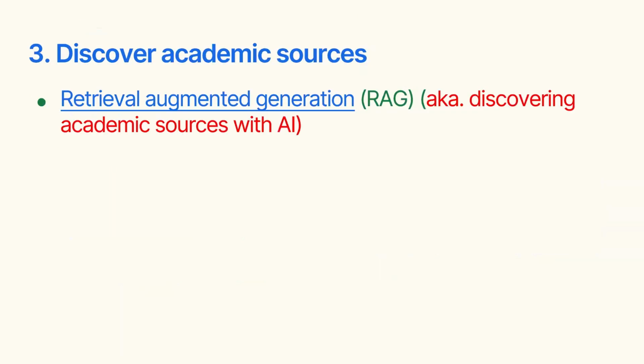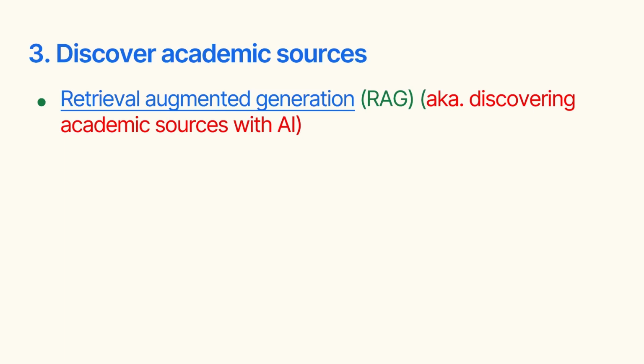Okay, so when you're talking about discovering or searching for academic sources, and Maylin talked about this last week, there's something called retrieval augmented generation. This is slightly different from generative AI, where you're coming up with a prompt and what's coming back is either things like an image or maybe a video or more commonly a text response.